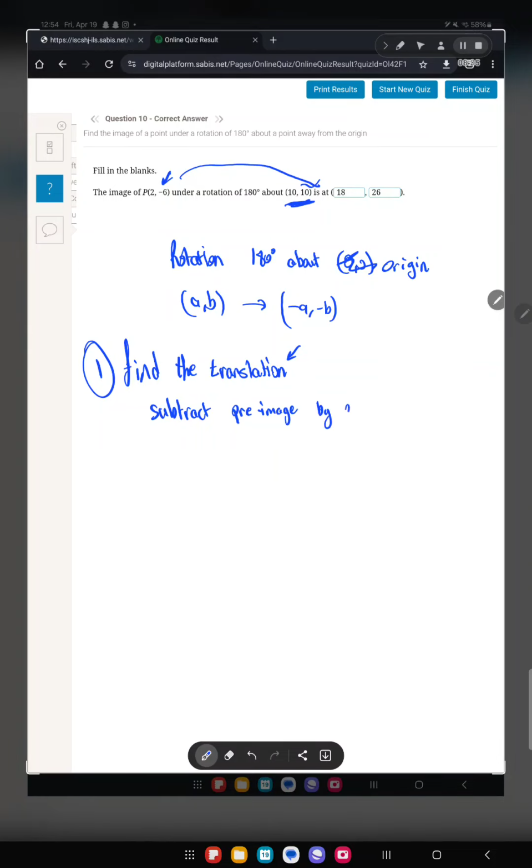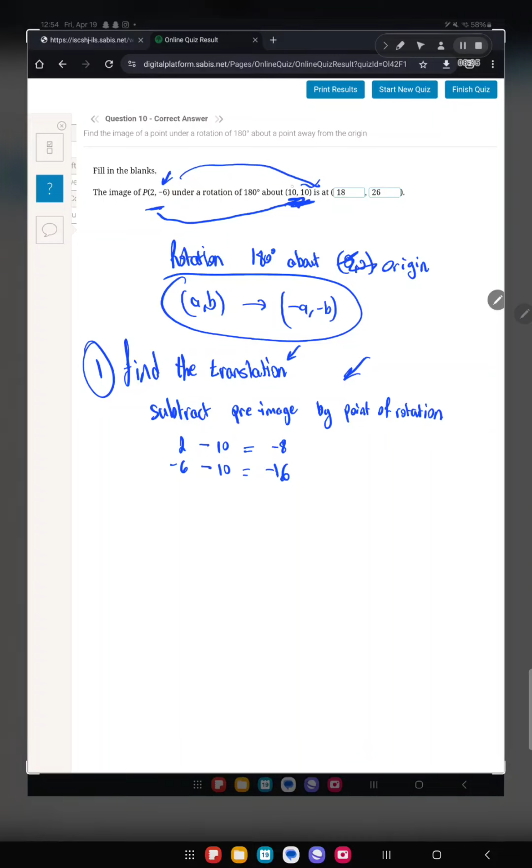In this case it's (2, −6) minus (10, 10). You're going to get (−8, −16). Now that you have the translation, you apply the formula.